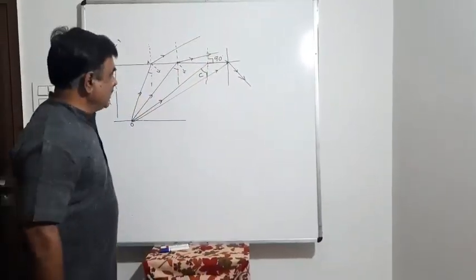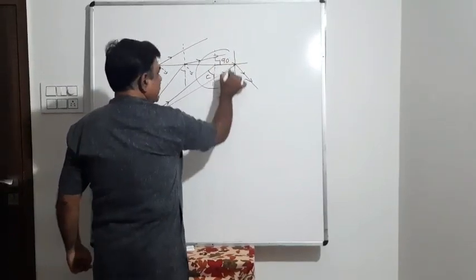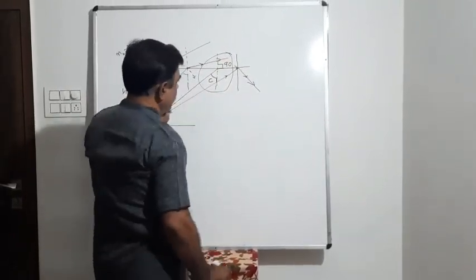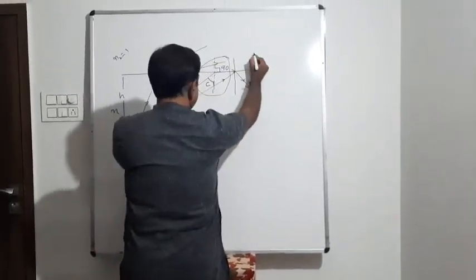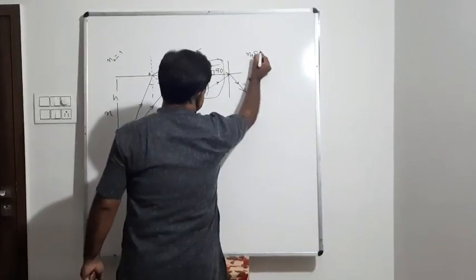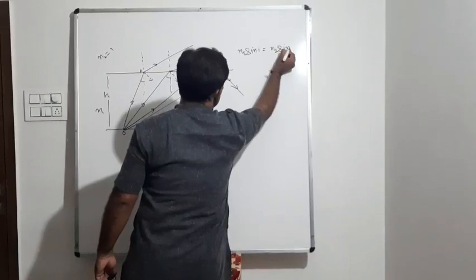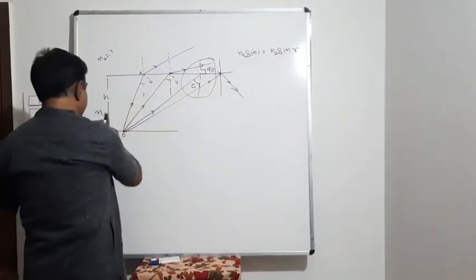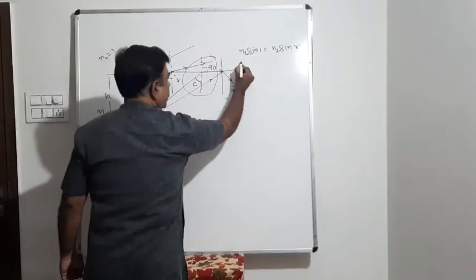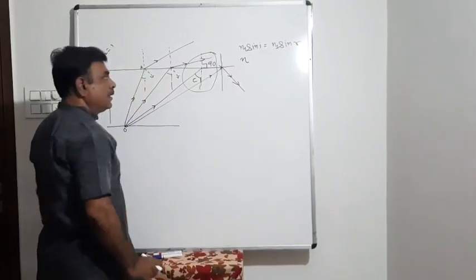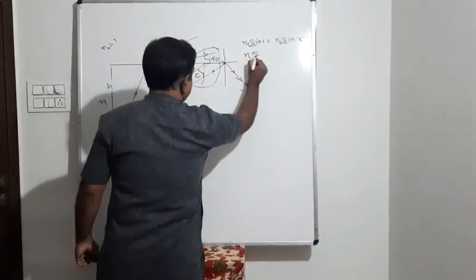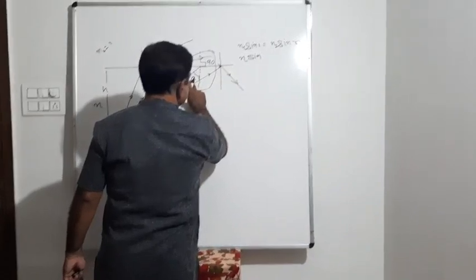Now what is the mathematics behind that? Apply Snell's law over here. For the first medium, n1 sin I is equal to n2 sin R, but n1 we have taken as n, so n sin I. What is I?